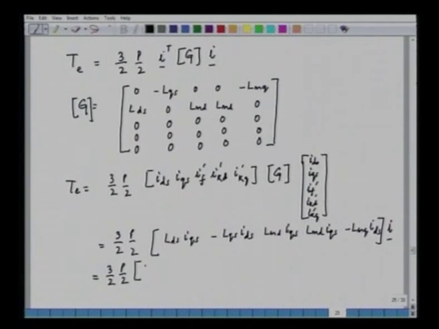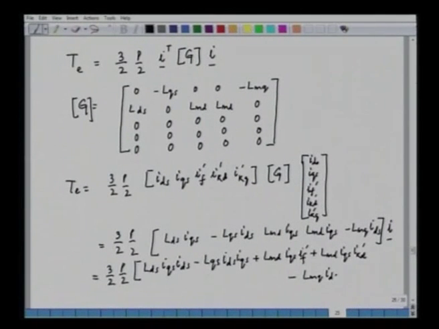So we have LDS IQS IDS minus LQS IDS IQS plus LMD IQS IF prime plus LMD IQS IKD prime minus LMQ IDS IKQ prime.